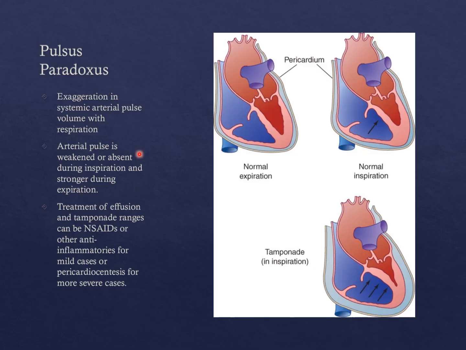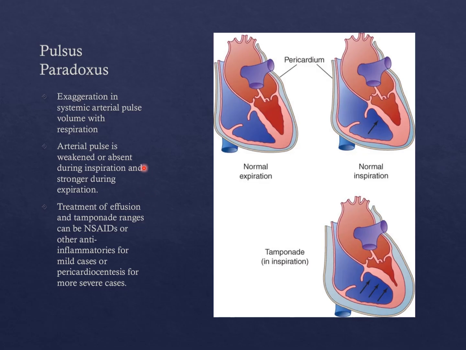So that is one of the diagnostic measures we can look for with cardiac tamponade, are those significant changes that we see to arterial pulse during inspiration and expiration. So again, arterial pulse gets really weak or absent. So if you were palpating someone's radial pulse, and they took a deep breath in, you might not feel that pulse at all. It would become absent.